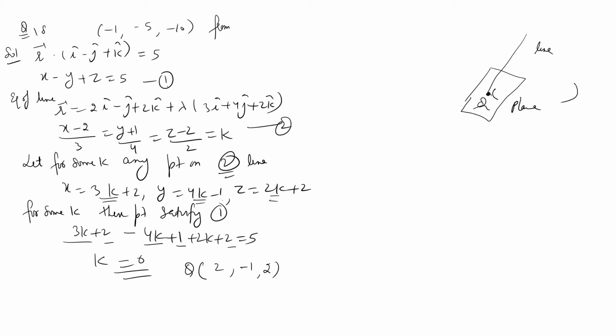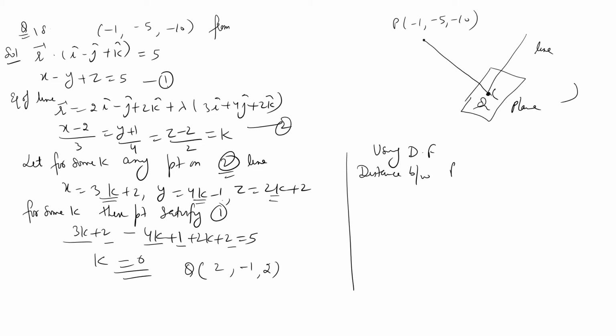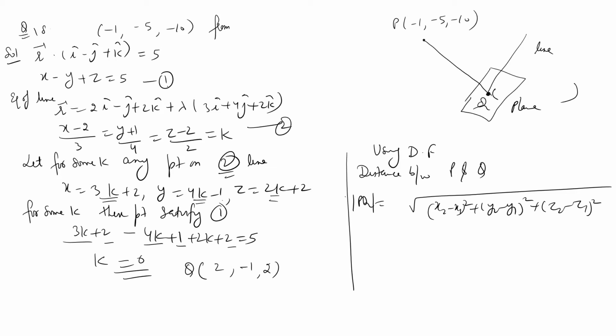Now I have to find the distance of this point, which is given here, from this point. So we can use the distance formula. The distance between the points P and Q is the square root of (x2 − x1)² + (y2 − y1)² + (z2 − z1)².